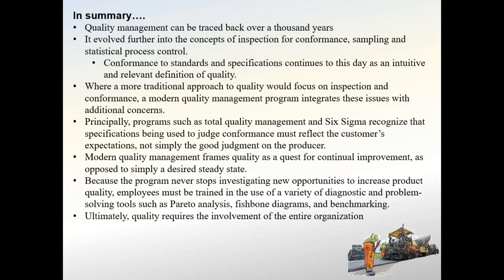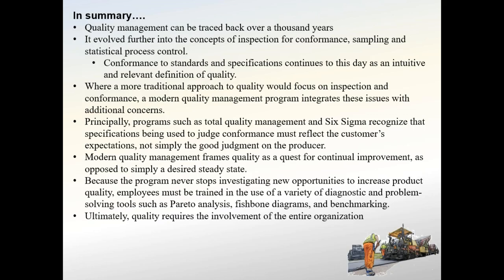So now we're going to go into our chapter summary, what we already had talked about. So we spoke about quality management can be traced back over 1,000 years, as early craftsmen developed the standards of their trades and taught those standards to others. It evolved further into concepts of inspection for conformance, sampling, and statistical process control.